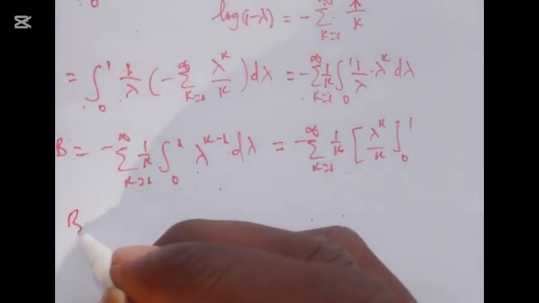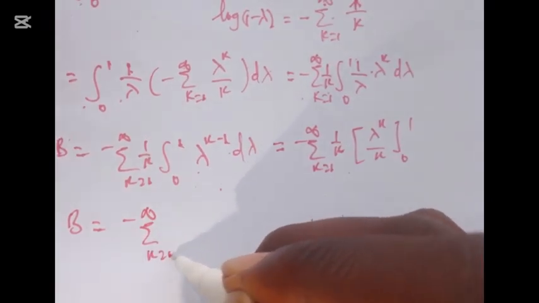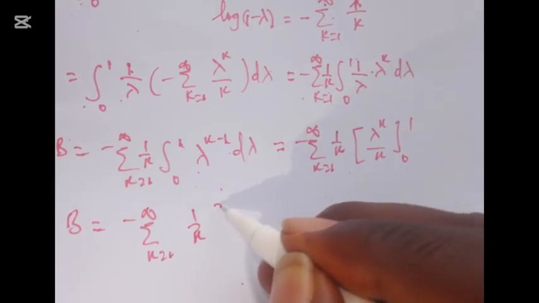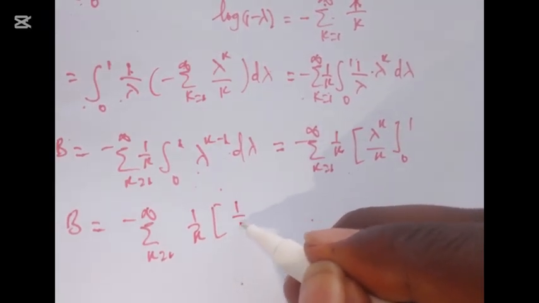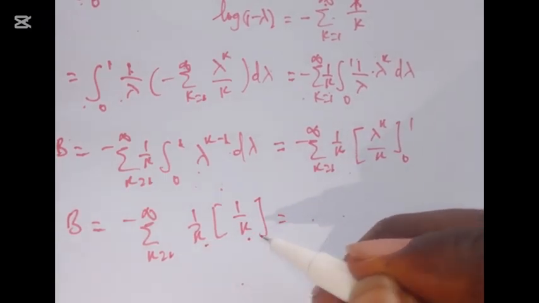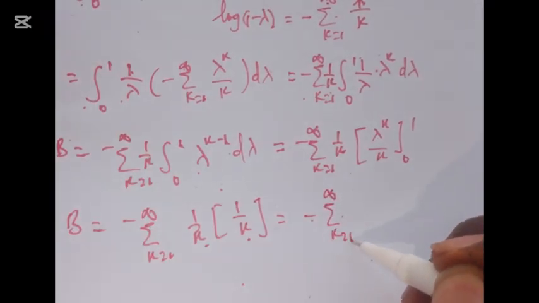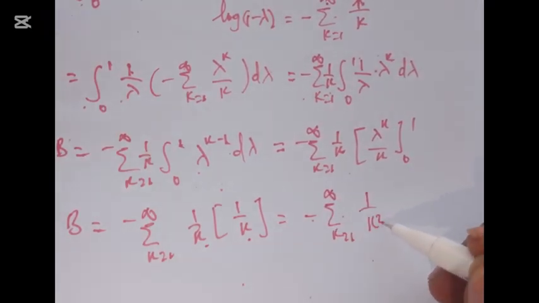Therefore we have B equal to negative the sum of k from 1 to infinity of 1 over k. If you apply your lambda to be 1, we have 1 over k. If you apply your lambda to be 0, we have 0. So k multiplied by k will give us k to the second power. So we have negative the sum of k from 1 to infinity of 1 over k to the second power.